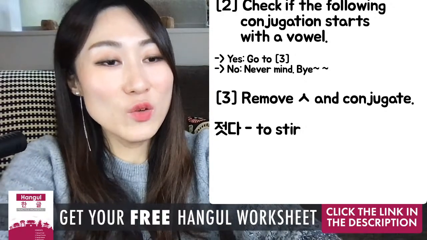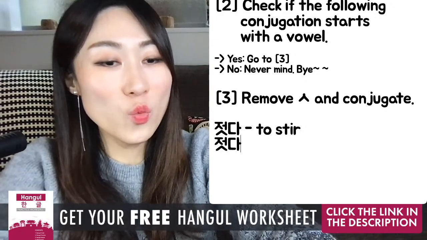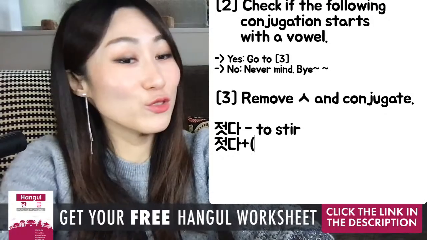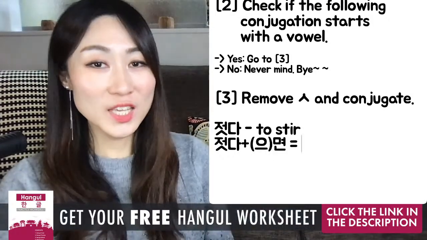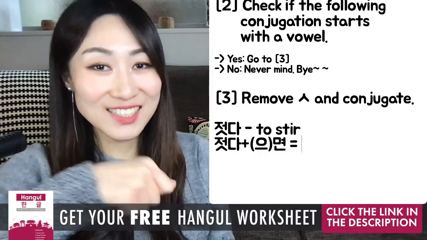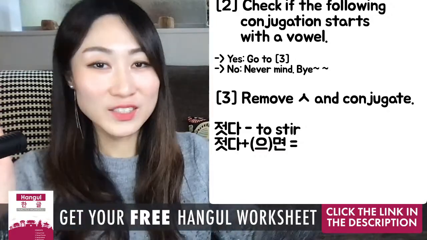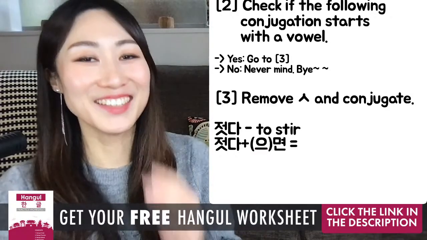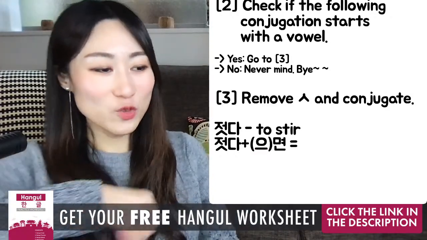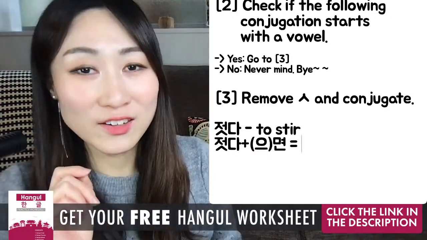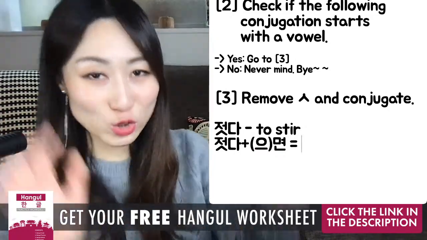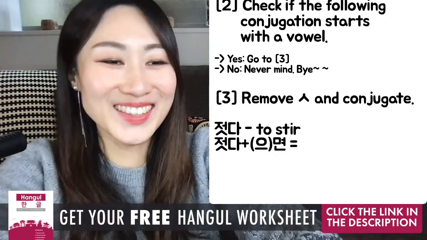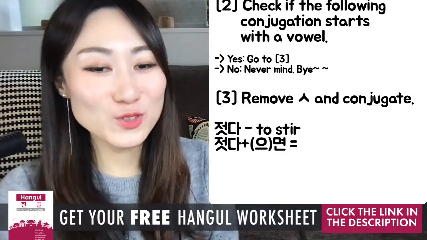Now I want to conjugate 젓다 with, let's do this, 으면. 으면 means if. So if you stir, it becomes something. Now I'm a scientist. So if you stir this liquid and this liquid, it becomes delicious juice. 젓다. So how can I conjugate it?